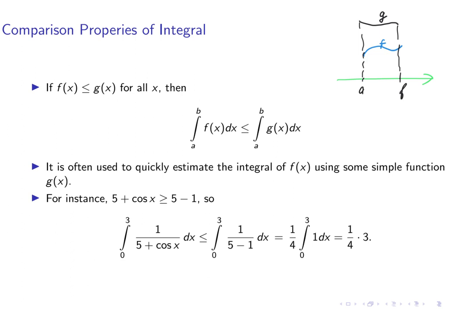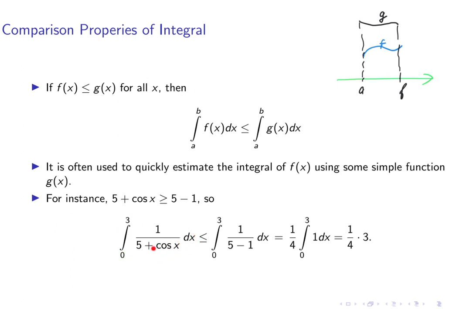For example, let's look at the definite integral from 0 to 3 of 1 over 5 plus cosine x. This function, 1 over 5 plus cosine x, is fairly complicated, and computing such an integral can be difficult. But we can make a quick estimate from above for this integral.